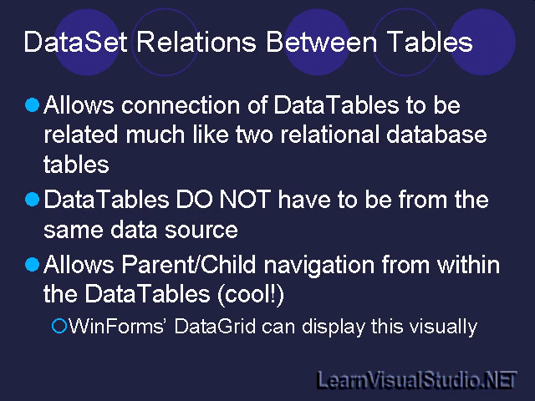You can have a data relation that connects those two tables together, and therefore, for example in a data grid, when somebody selects an order, they can see all the order items that apply to that order. The WinForms data grid can display this visually in a very nice way. It's a very cool feature, and we're going to do a neat video about that in the future.